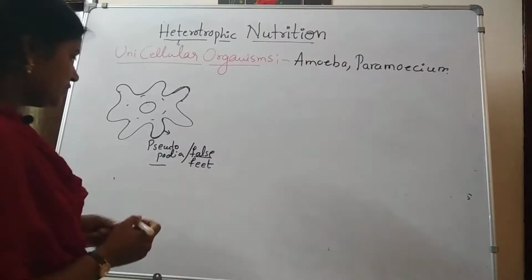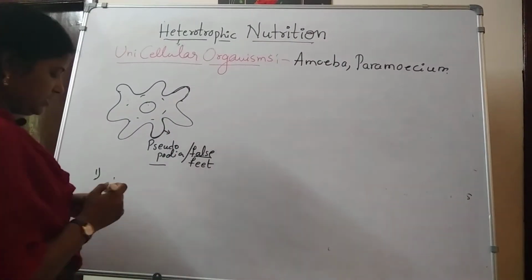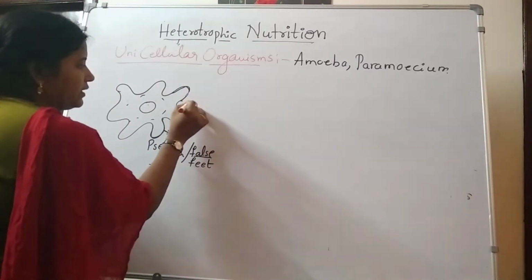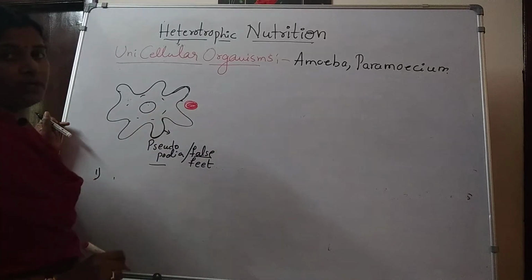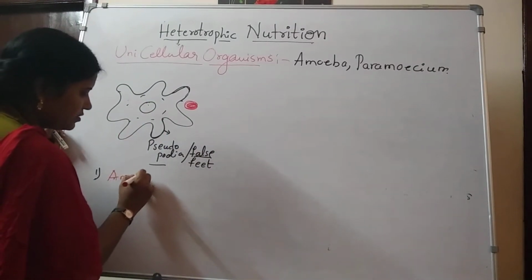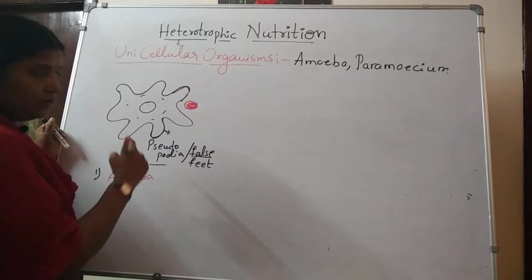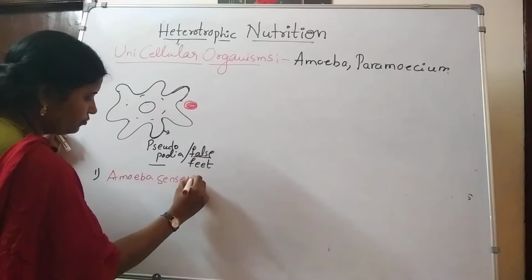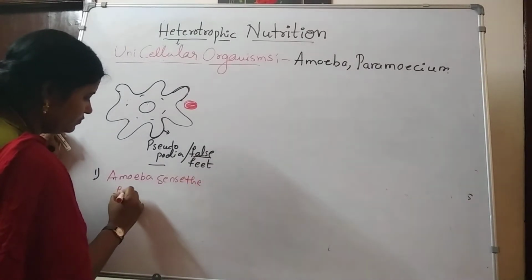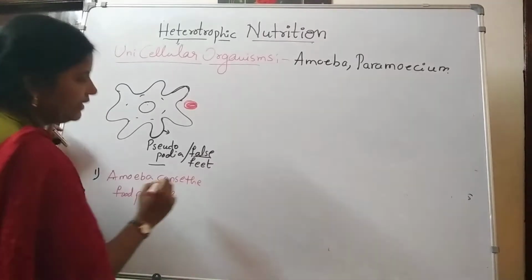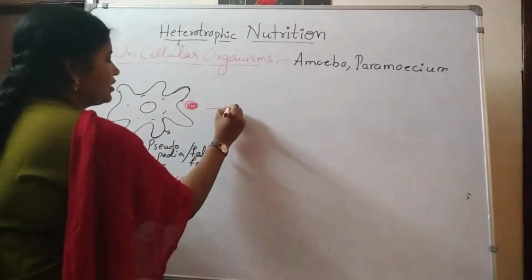Now, what is the first step here? Here we are assuming that there is a food particle. Yes, there is a food particle. Now this amoeba is going to sense the food particle. And in the second step, what happens?